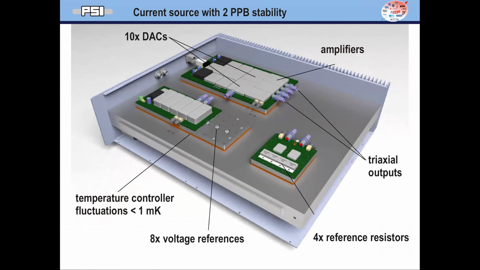And this here is the power supply for this current. In order to make a stable current, you need two things. You need a voltage reference and a reference resistor.